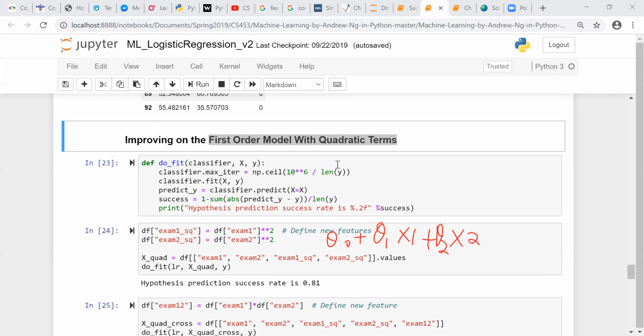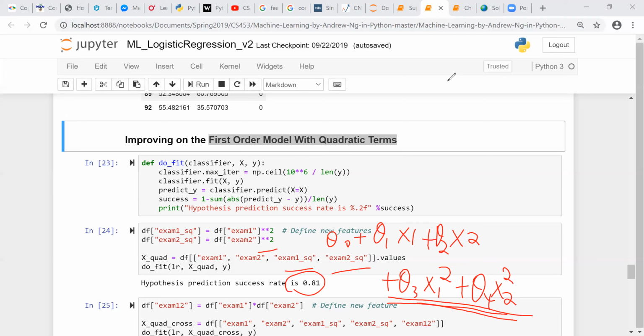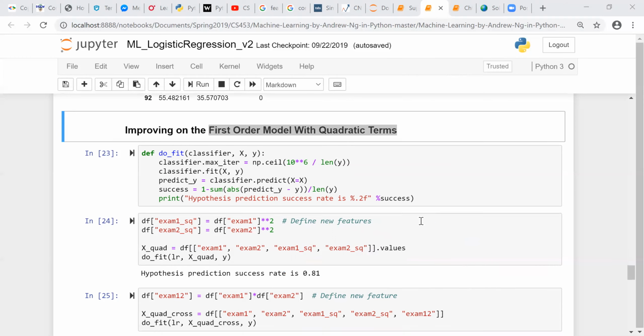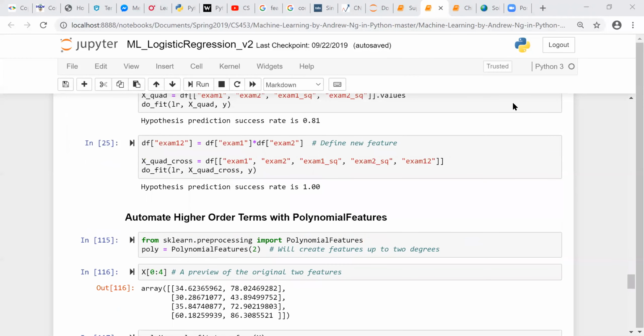But here you also try to have the square terms, so theta 3 x1 squared and theta 4 x2 squared. You make your model more complicated by adding polynomial terms. Then it says, what's your prediction, is it admit or not? And you can also make it much more complicated.